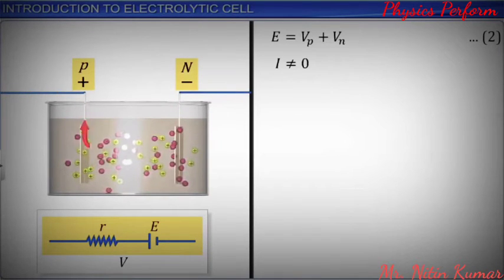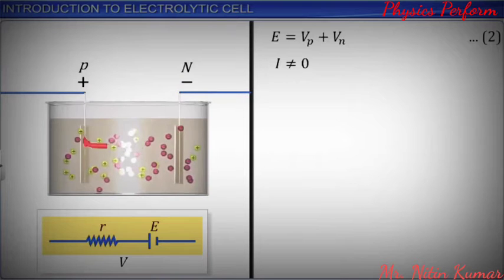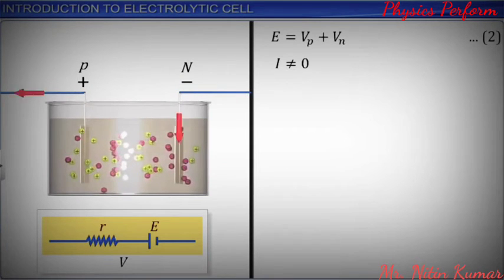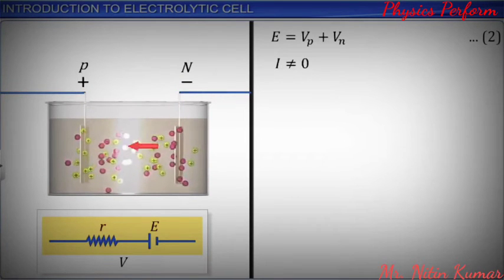According to convention, the current from P to N through the circuit is positive. As the current I in the electrolyte is from N to P, the current through the electrolyte is taken as negative.